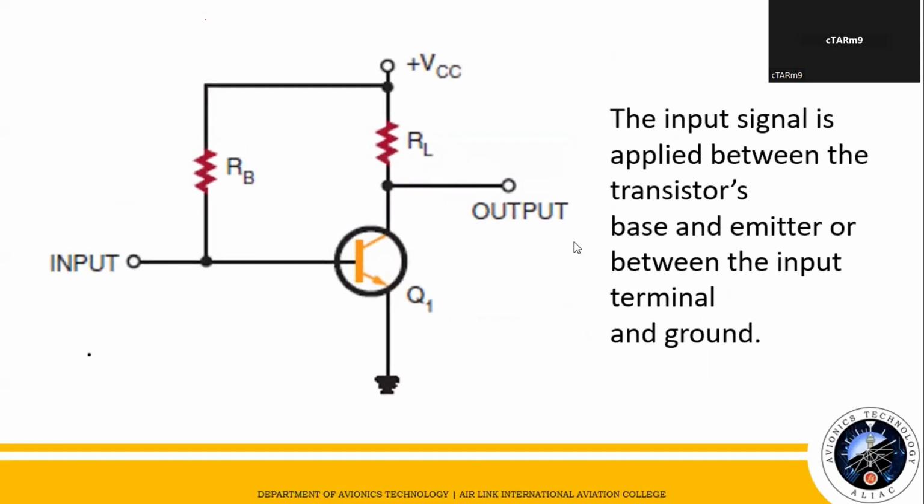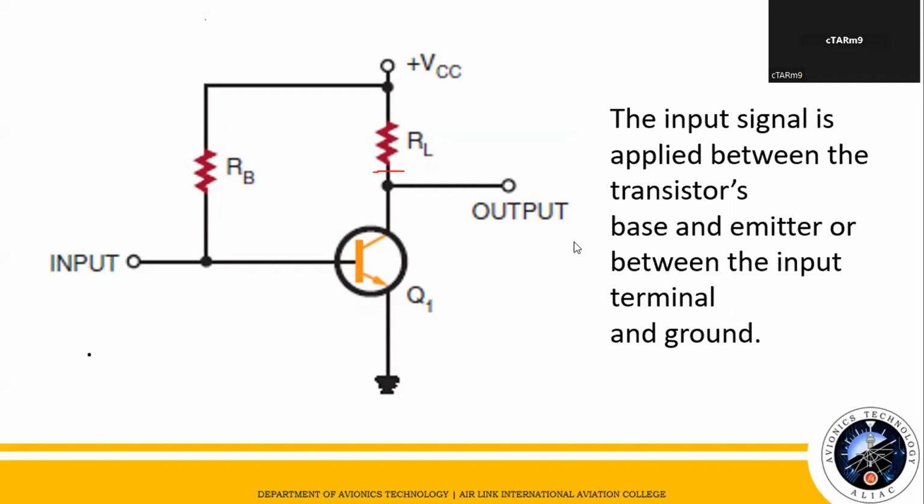So the input signal is applied between the transistor's base and emitter or between the input terminal and ground. So the input signal either aids or opposes the forward bias across the emitter junction. This causes the collector current to vary, which then causes the voltage across RL to vary.